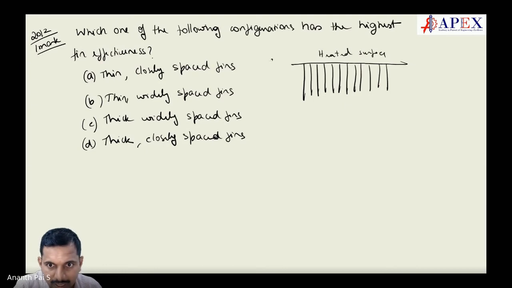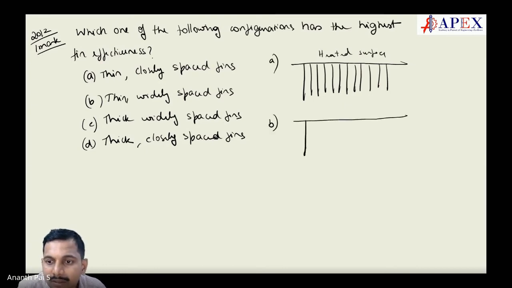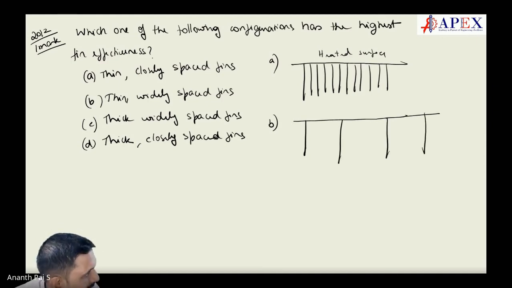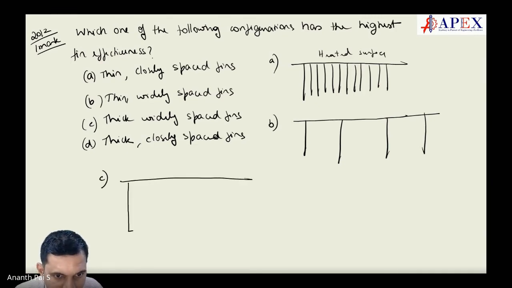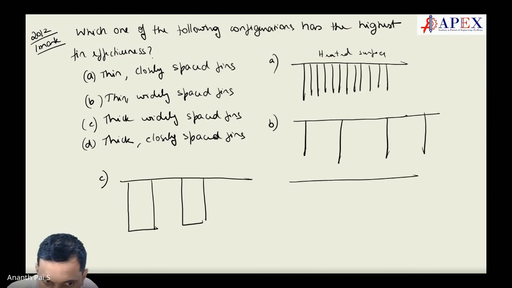B is thin, widely spaced. C, thick, widely spaced. D, thick, closely spaced. Everything becomes evident when you draw it.